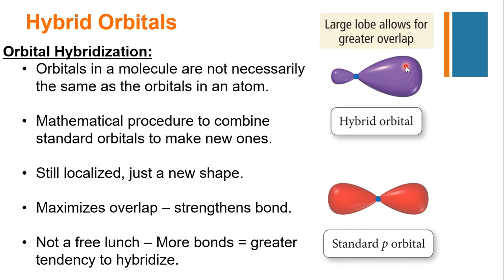More bonds, maximized bonds, will give us more energy that comes out of that, more stability, more strength in those bonds. If we get huge payoffs, we're more likely to do whatever it is that caused us to get that payout. So more bonds gives us a greater tendency to hybridize. Hybridization just stacks the deck in our favor. It's really what it does.